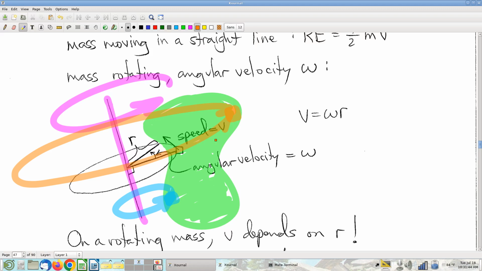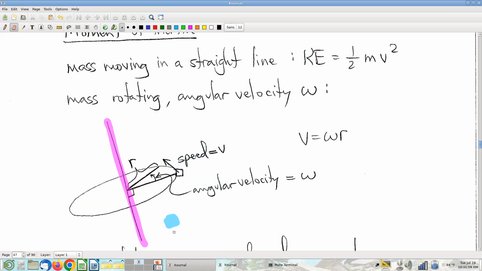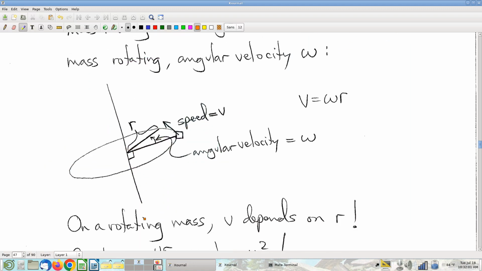You get out near the edge and you start to notice, whoa, I'm really moving pretty fast. Same phenomenon here. So we kind of have to take this formula and chuck it because it just doesn't apply to this rotation circumstance.